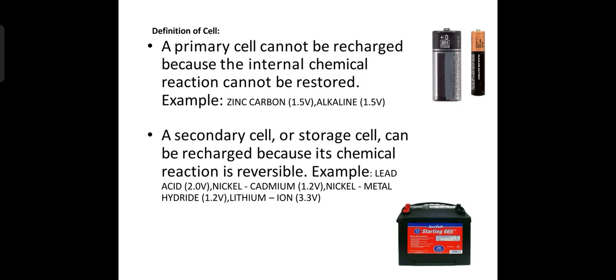And a secondary cell or storage cell can be recharged because its chemical reaction is reversible. For example, lead acid battery, nickel cadmium battery, nickel metal hydride battery, lithium ion battery, which are probably used in cars, automobile sectors, or inverters.